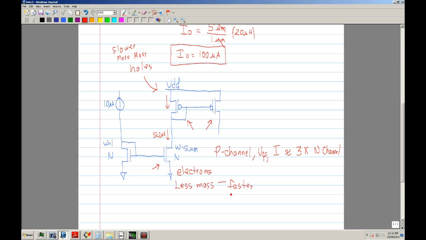Okay. So how does it manifest as far as current? Well, when you look at the Kp of a P channel, which is a transconductance process, there's a Kp for the P channel and there's a Kp for the N channel.